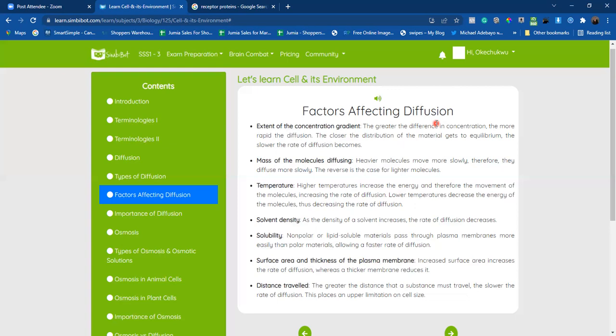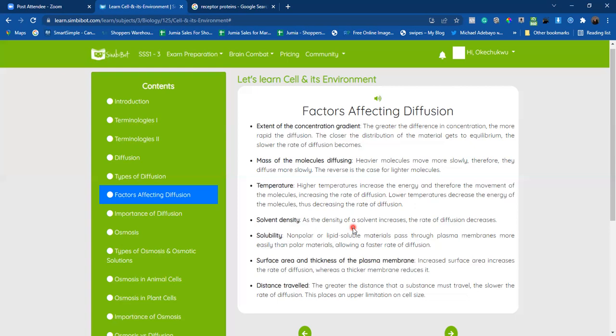Number 4, solvent density. As the density of a solvent increases, the rate of diffusion decreases. The solvent is like the fluid that you use to form a solution.